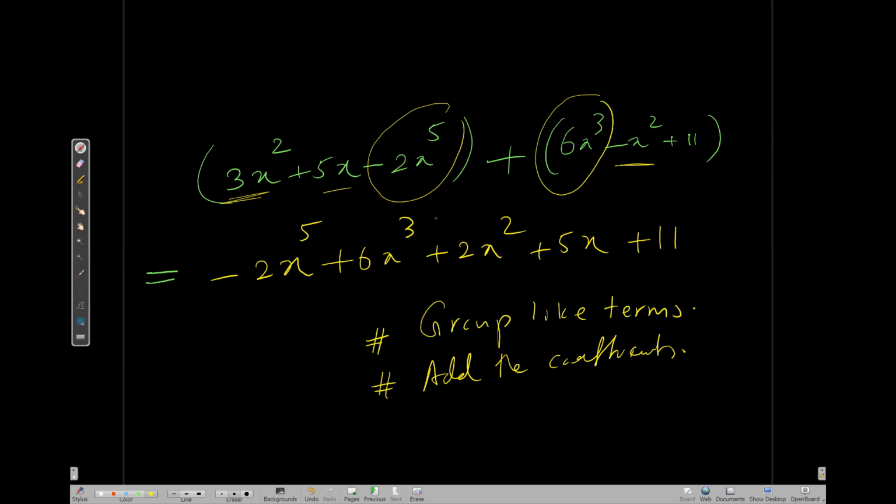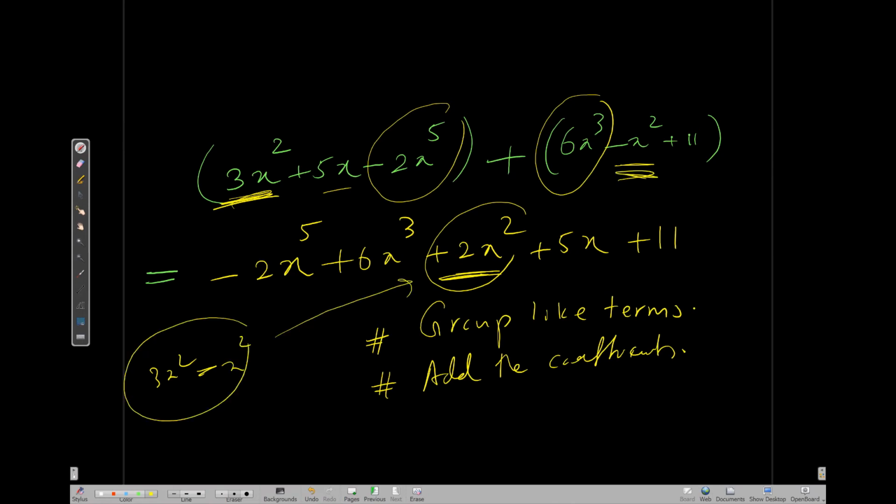Second one, 6x cubed, you don't see any cube term in the first part. But this one comes from 3x squared minus x squared. Together, you get that, right? I think that's clear.